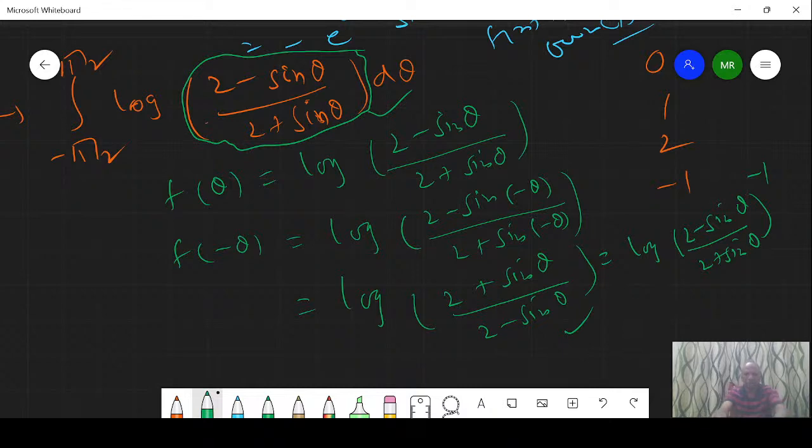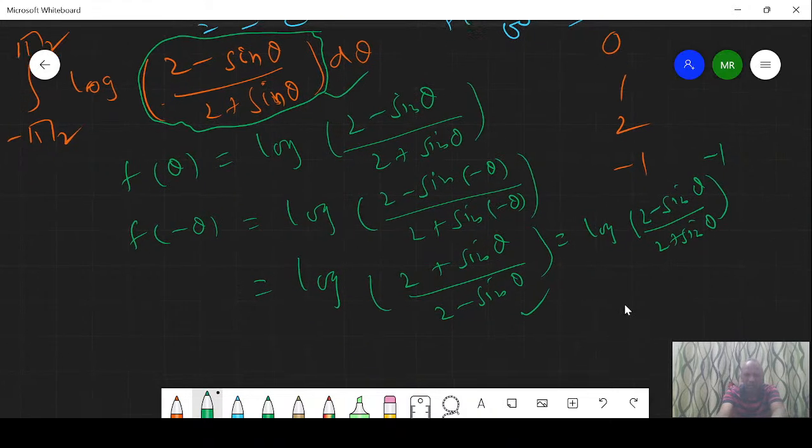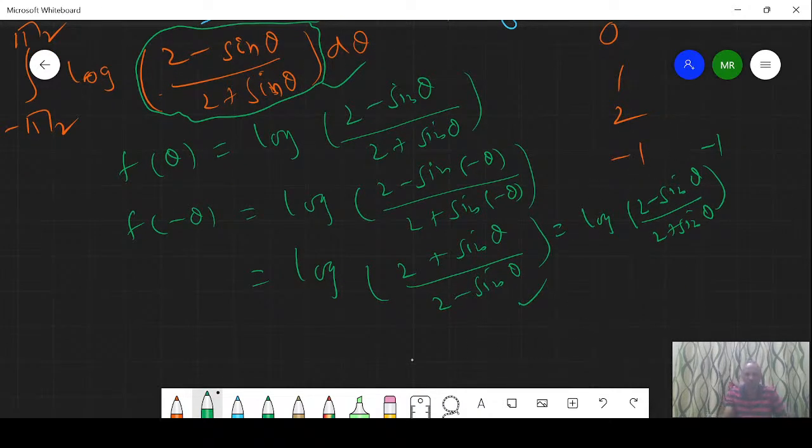Since it is whole power minus 1, by the logarithm property I can bring the minus 1 out front. You will get minus log of (2 minus sine theta) by (2 plus sine theta). So this becomes minus f of theta.